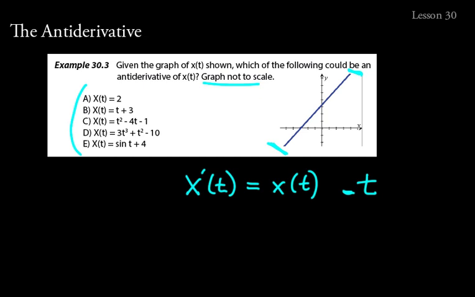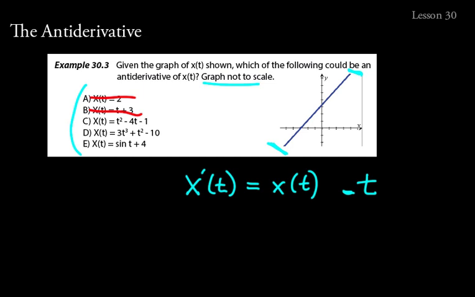So which one of those, if we took x prime of t, would give us something times t? Well, A would be 0. B would just be 1. T squared, C, would give something times t minus 4. So that might work. Let's leave that one alone.